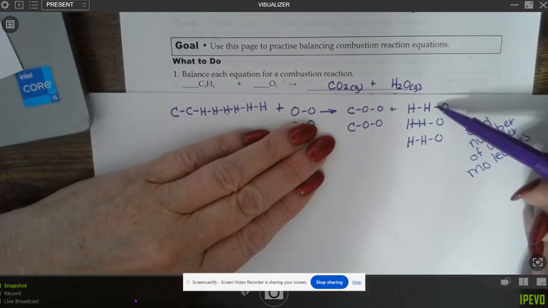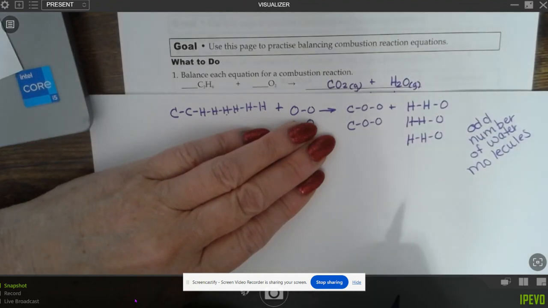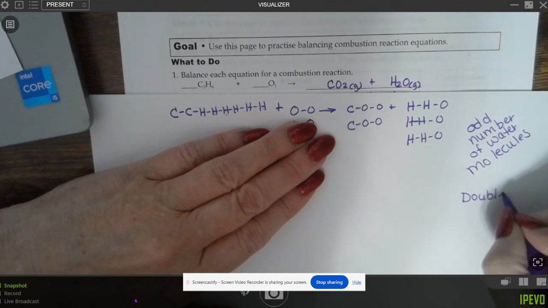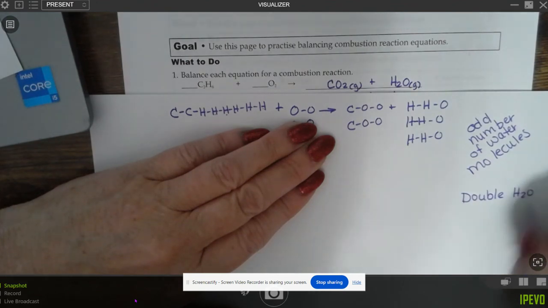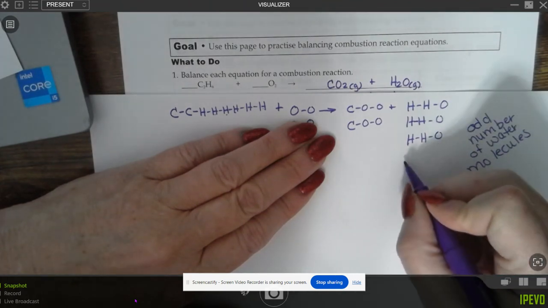I've got 1, 2, 3 water molecules. Okay, here's what I want you to do. I want you to double your water and then go from there. Okay, so I've got 3 water. I'm going to add 3 more.